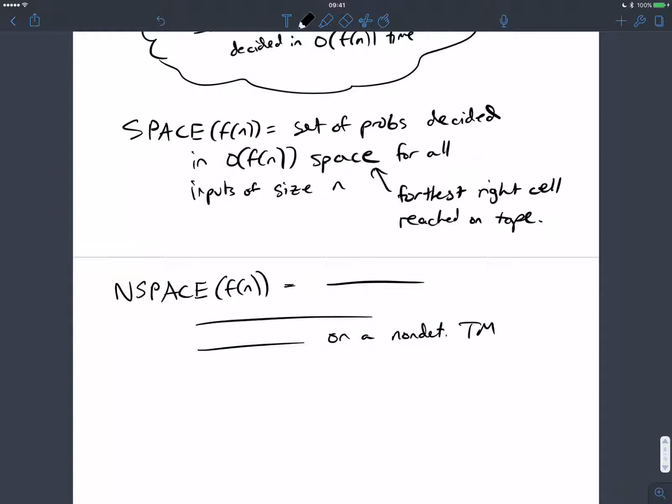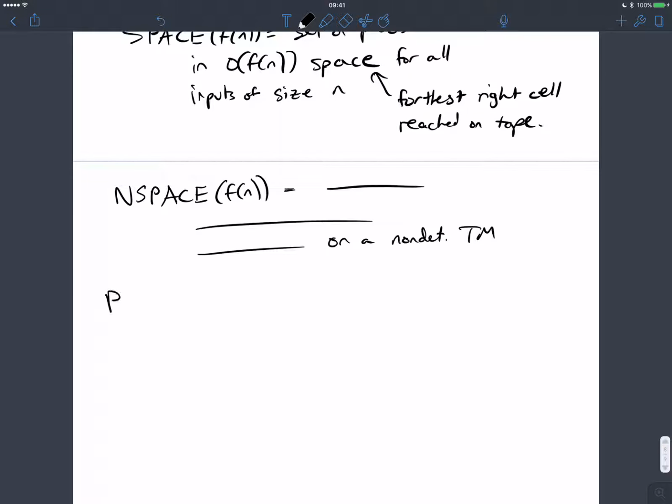Okay? And just like before, we defined P to be all polynomial times. We're going to define PSPACE here to be all polynomial space. So PSPACE is almost exactly the same as before, but for SPACE n to the k.